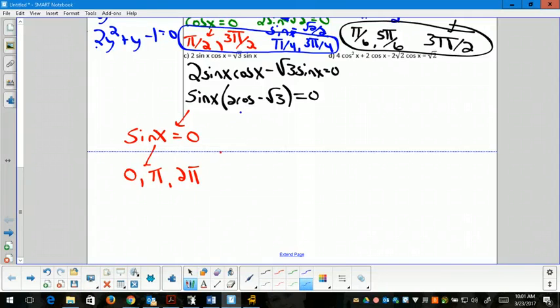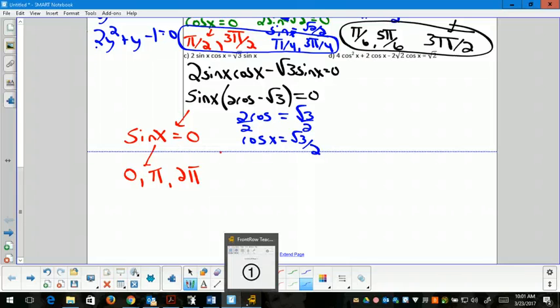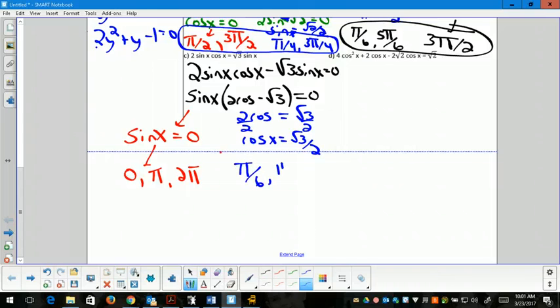If I set this one equal to 0, I'm going to add the square root of 3 to the other side and divide by 2. So places where cosine of x is square root of 3 over 2. On our unit circle is pi over 6 and 11 pi over 6. So there's our 5 solutions.